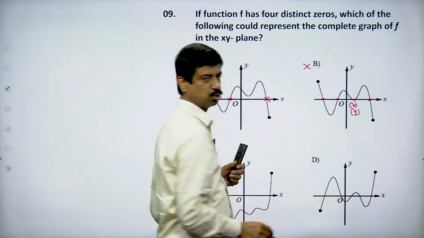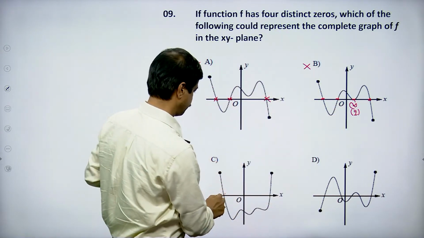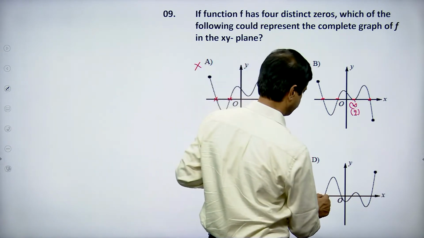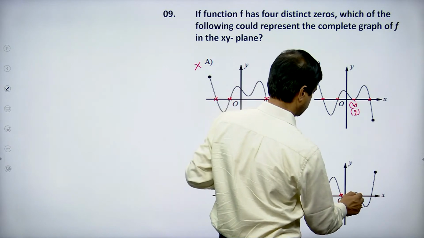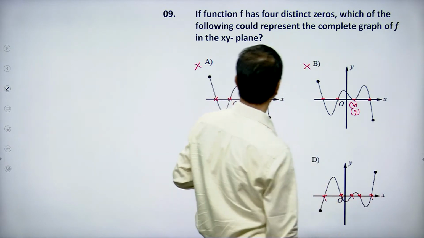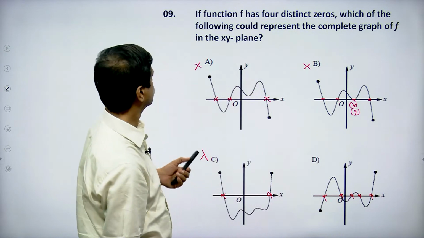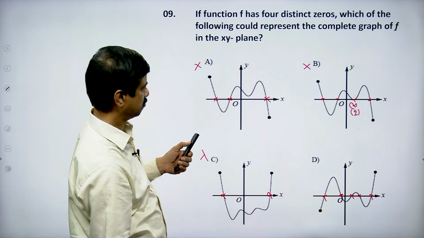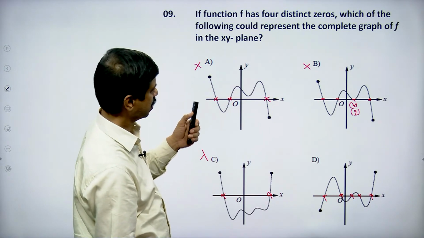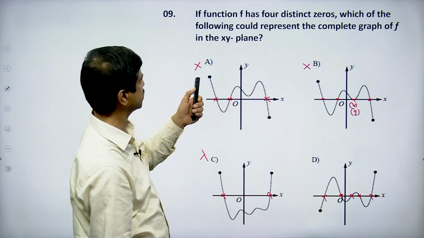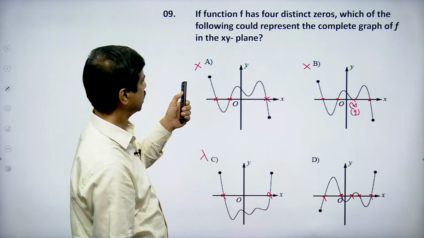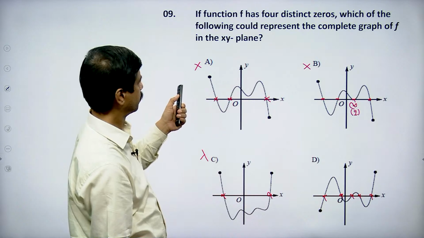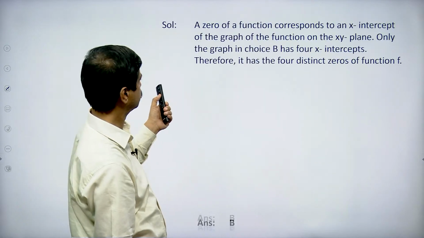Whenever it touches, we will take 2 values there. 1, 2. Not the answer. You see 1, 2, 3, 4, 5. Not the answer. None of them you are getting. So if the function f has 4 distinct zeros, which of the following could represent the complete graph of f in the xy plane?